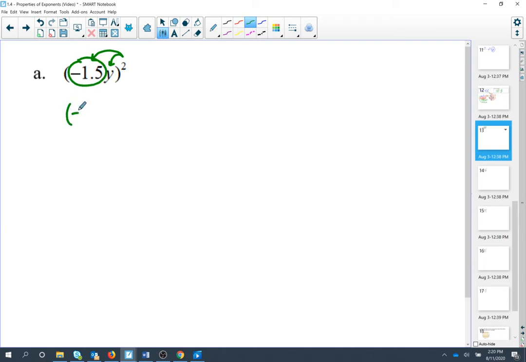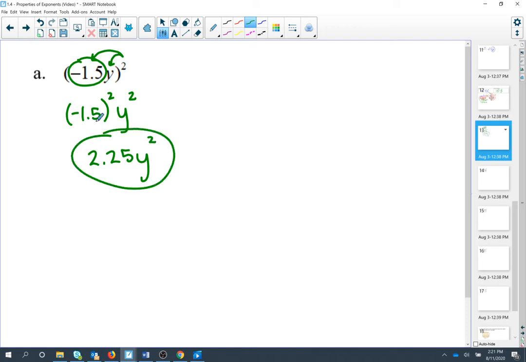So I'm going to have (negative 1.5) squared times y squared. If you wanted, you could do the negative separately, but I'm not going to. Then I'm going to take negative 1.5 and square it, which is going to give me 2.25 y squared, and that's our final answer.